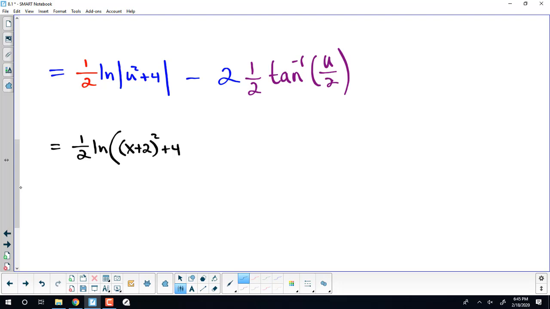That quantity is always positive, so we drop the absolute value, minus inverse tangent of x plus 2 over 2. Yeah, I forgot our constants here, so my bad.